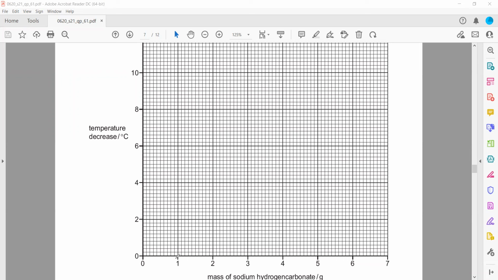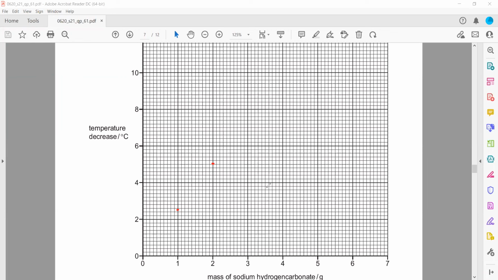Each box is representing 0.2, so 2.4 and 2.5. Then when 2 grams is used, it was 5, between 4 and 6. This is the second point.